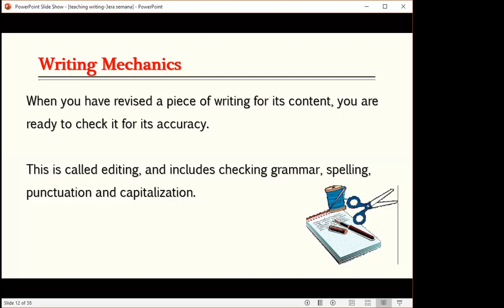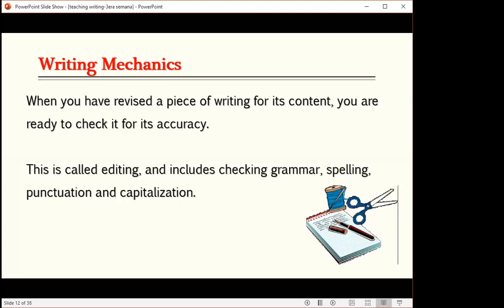Remember that when we talk about the stages of the writing process, first we have planning, drafting, editing or revising, then proofreading, and finally the final version. So when we talk about the editing process, what are we going to do?